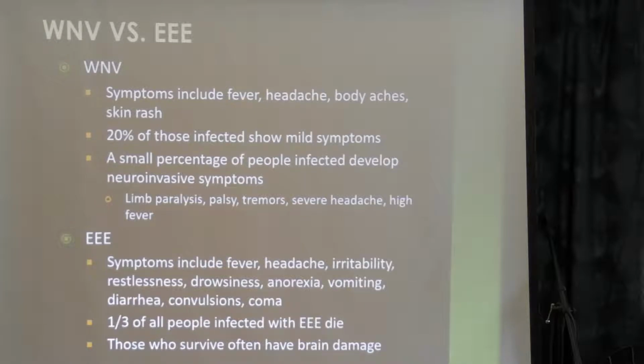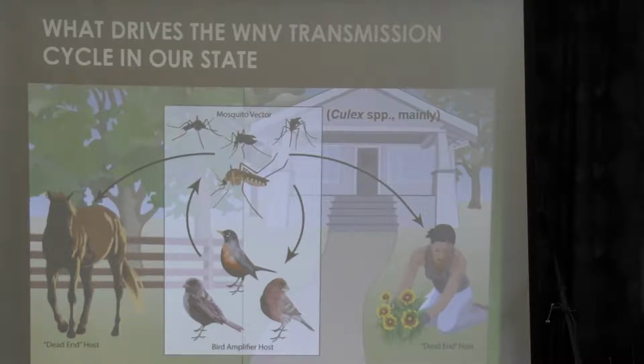And so it really tends to put the fear into people about mosquitoes when you talk about Triple E. Symptoms include fever, headache, irritability, drowsiness, vomiting, convulsions, eventually coma. So it's pretty serious, but it is also pretty rare. So here's how these two particular viruses cycle through the environment in our state.